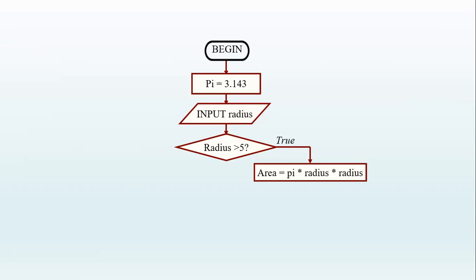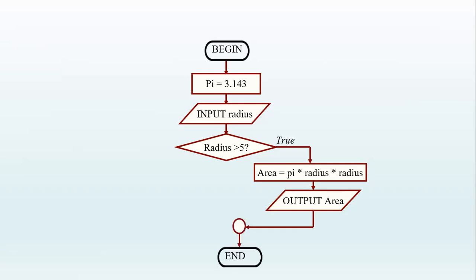In other words, to get area, the compiler or the CPU will have to multiply pi times radius times radius. And then from there, output area or display area, and then we end the execution of the program.